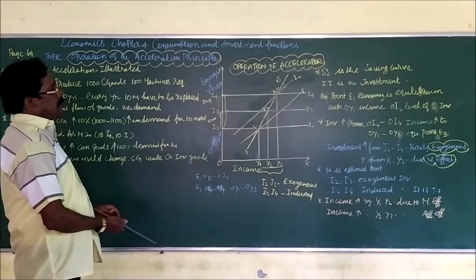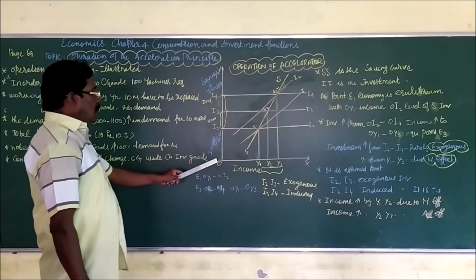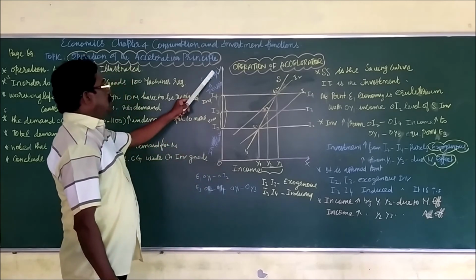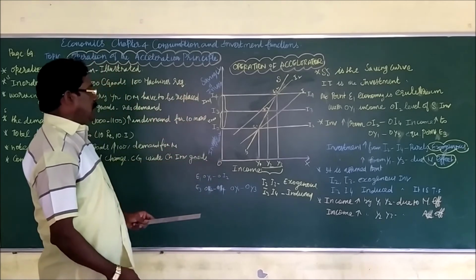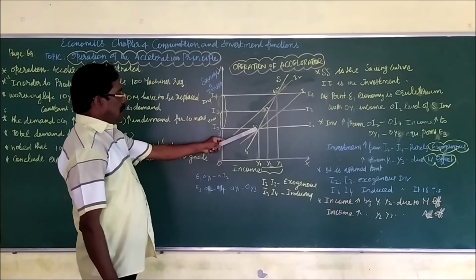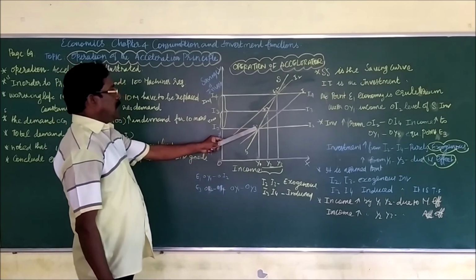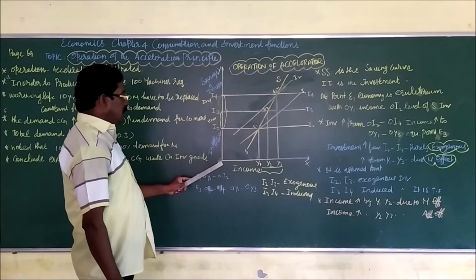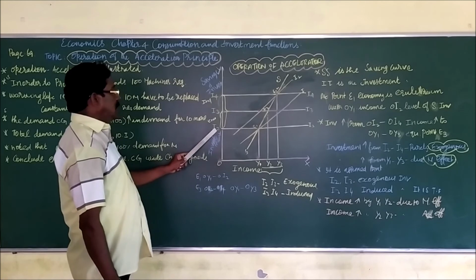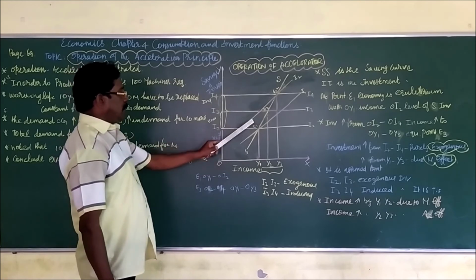So I repeat once again the same diagram. The OX axis refers to income, and the OY axis refers to savings and investment. The first equilibrium point is E1, the equilibrium of the economy. The level of income is OY1 and the investment is OI2, the first equilibrium.